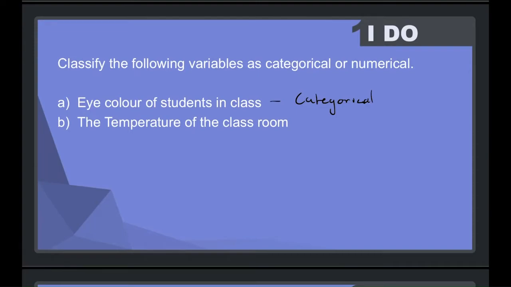The second one though, temperature of the classroom, it's numerical. Is it discrete or is it continuous? It can be any number we need it to be. 25.3 degrees is valid. So it's going to be continuous.